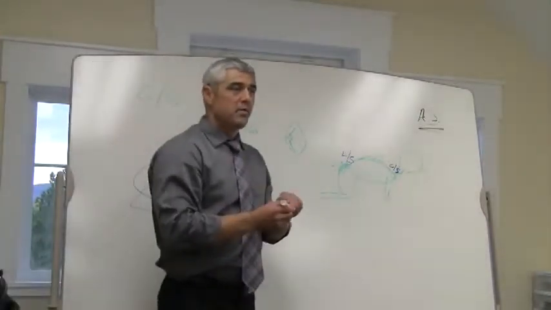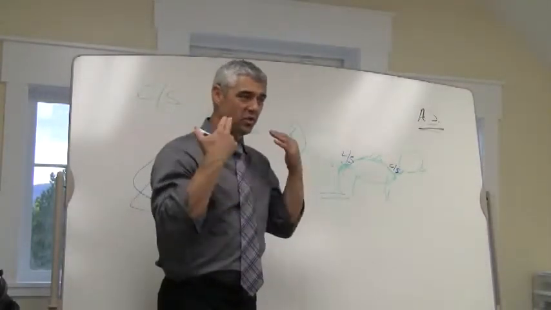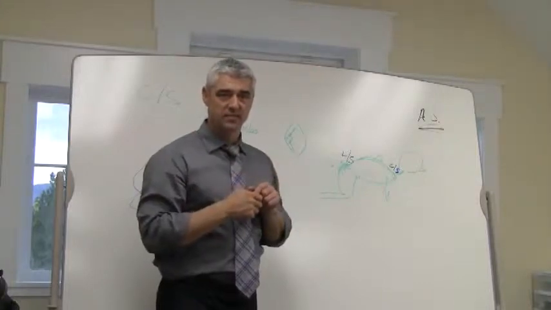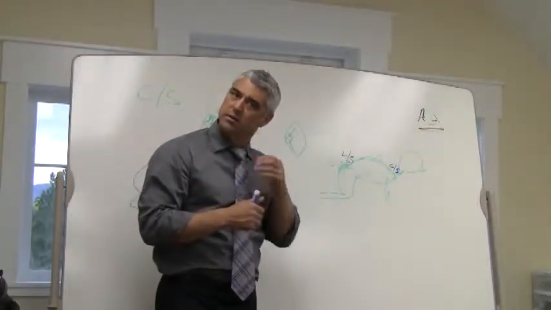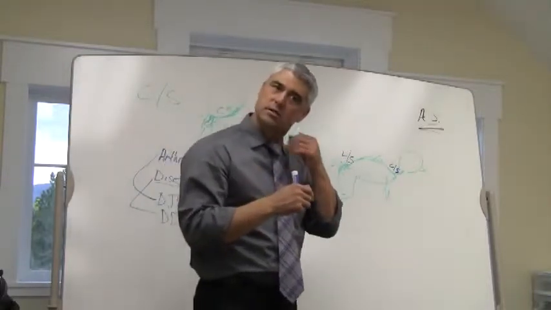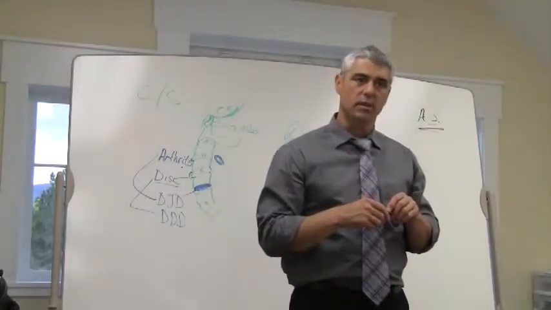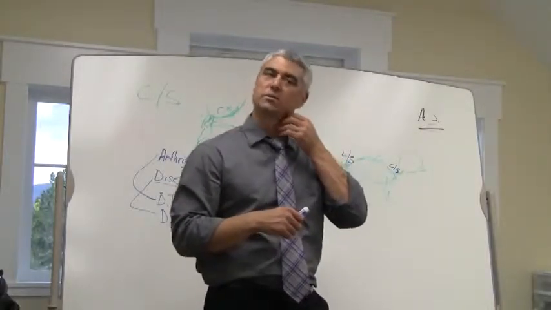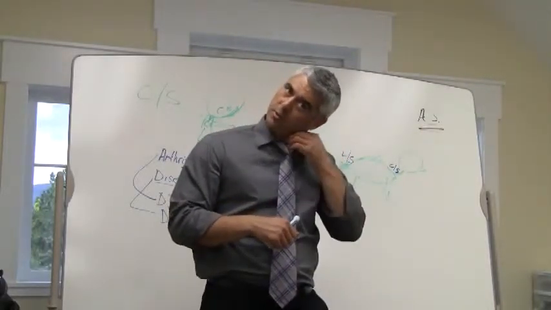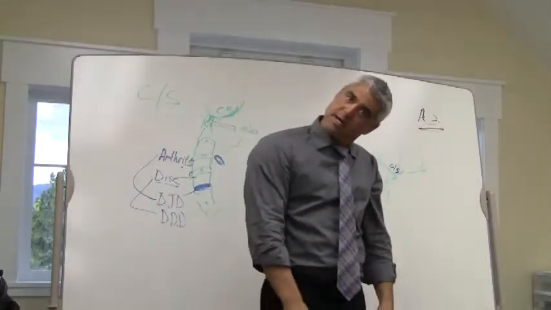What else can cause changes in ranges of motion in the neck? Have any of you ever seen torticollis or wry neck? What's torticollis, Jim? When the SCM is pulling to one side. Yes, this muscle, the sternocleidomastoid muscle, will start to pull a person's head into this posture.